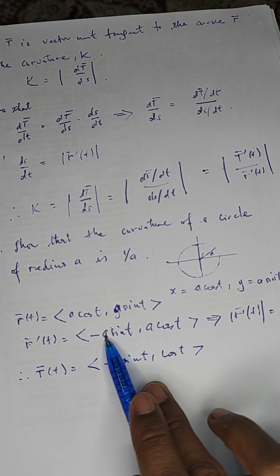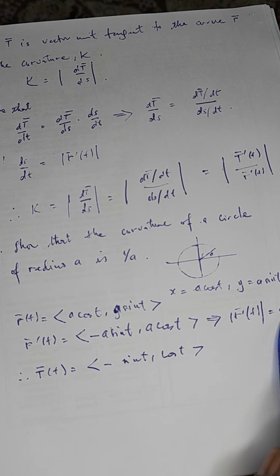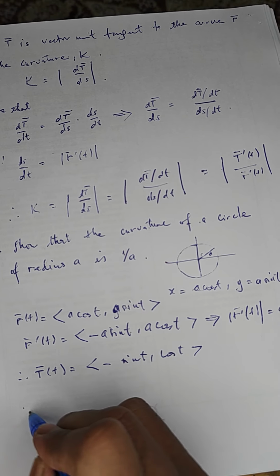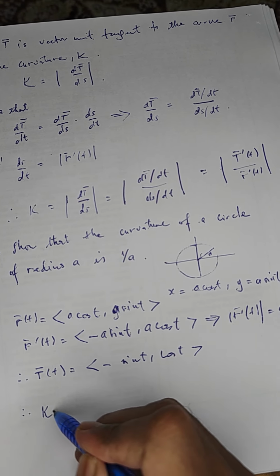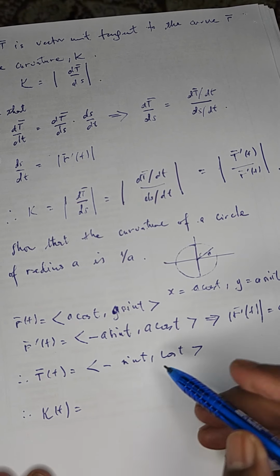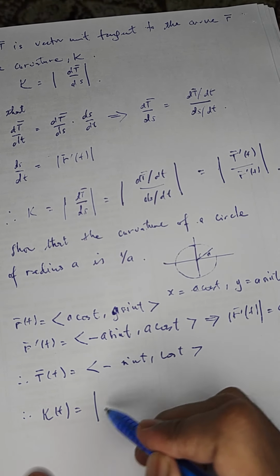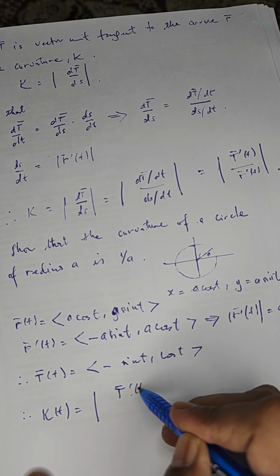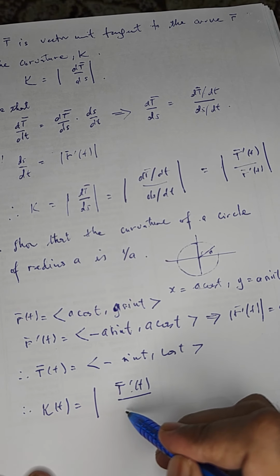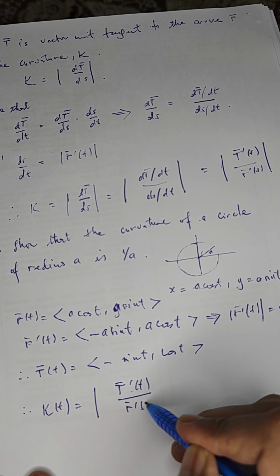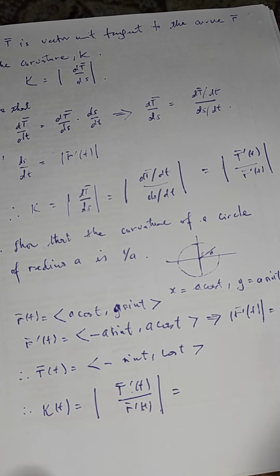So therefore the curvature is given as the magnitude of T'(t) over the magnitude of r'(t).